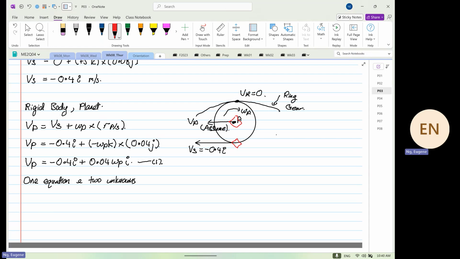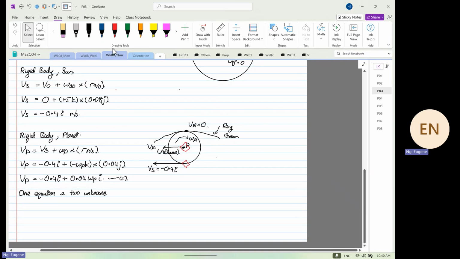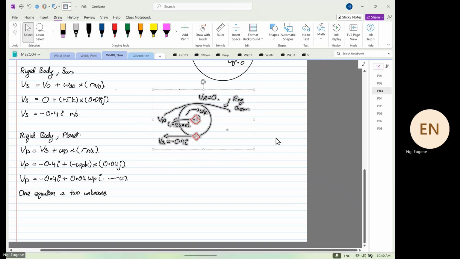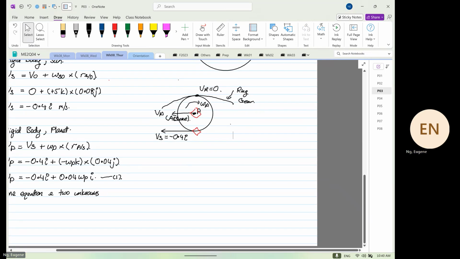I'm going to write out this equation and you have to tell me, is this valid or not?